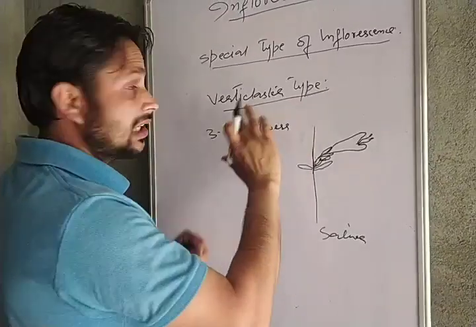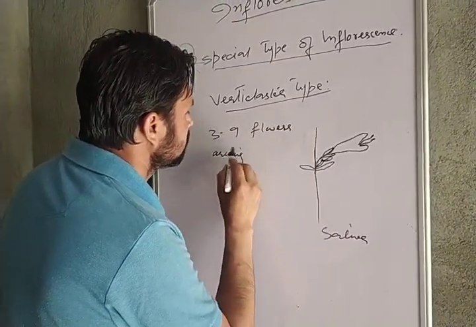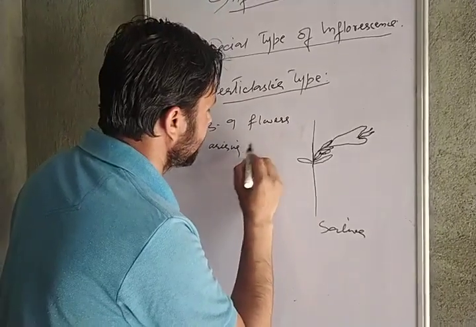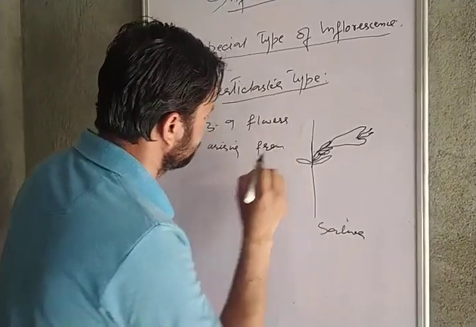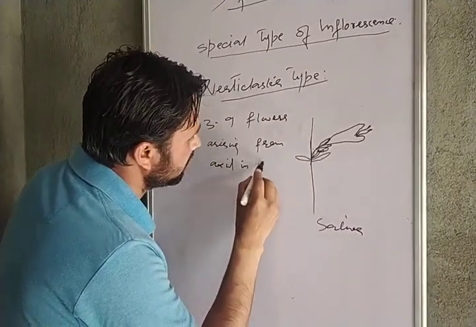Okay, in verticillaster, it has 3 to 9 flowers, a cluster of flowers arising from the axil in an opposite manner.